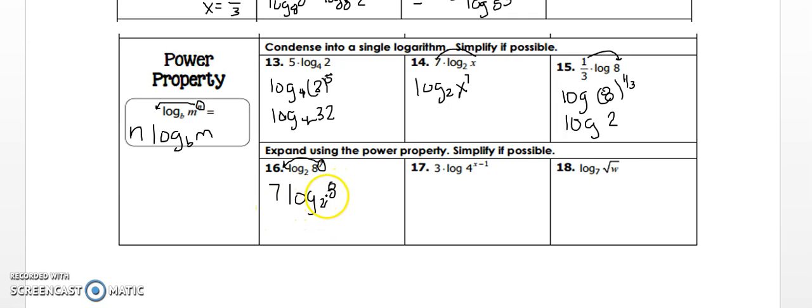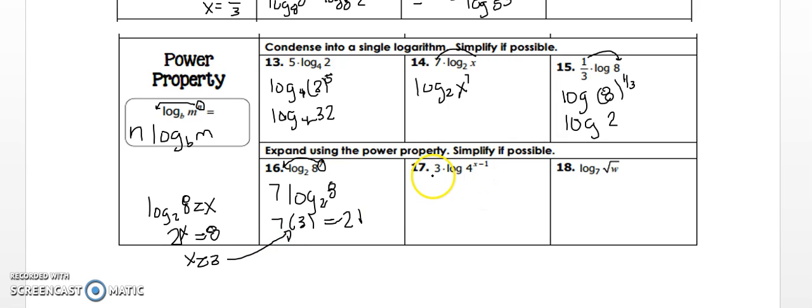Well, what's x? x is 3. So this becomes 7 times 3, which is 21. So look at this one. So log base 2 of 8 equals x. So 2 to the x equals 8, and x equals 3. That's how I got that.